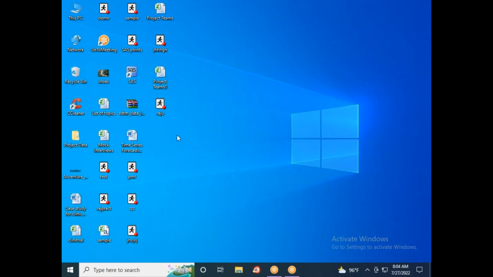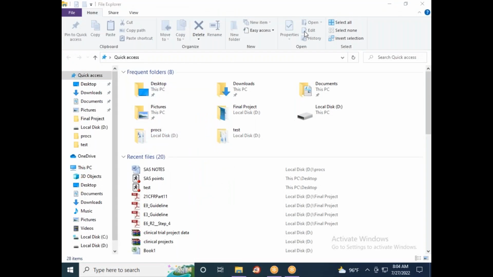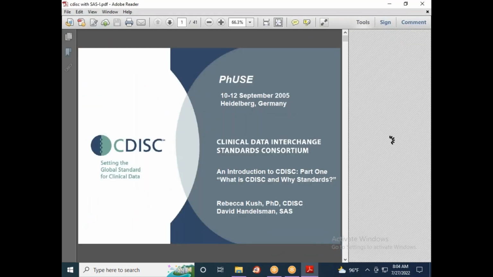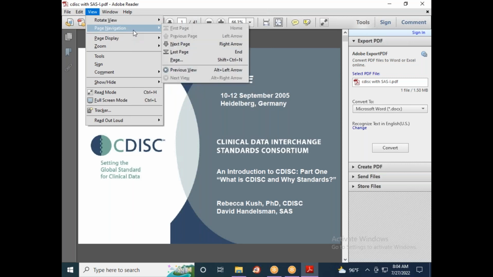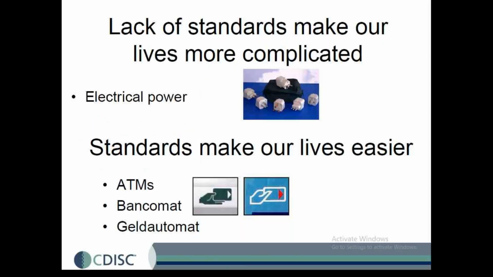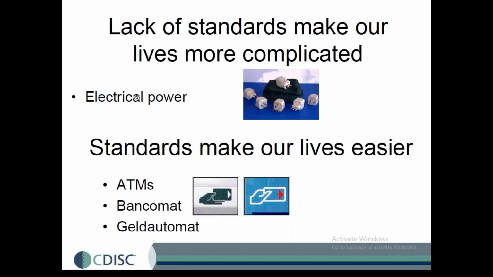So now we will start with CDISC. This is a CDISC presentation which is given by a director from CDISC and SAS.